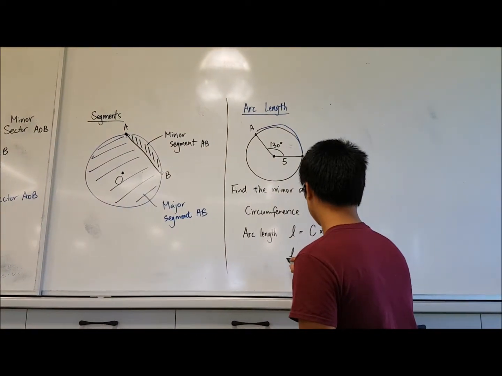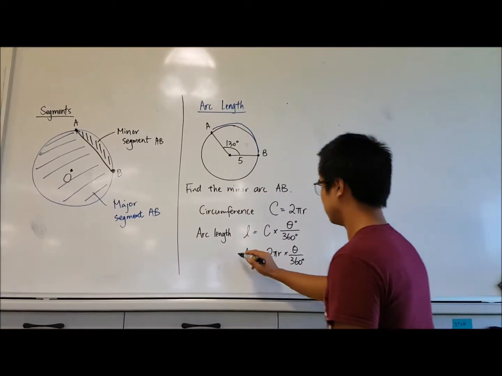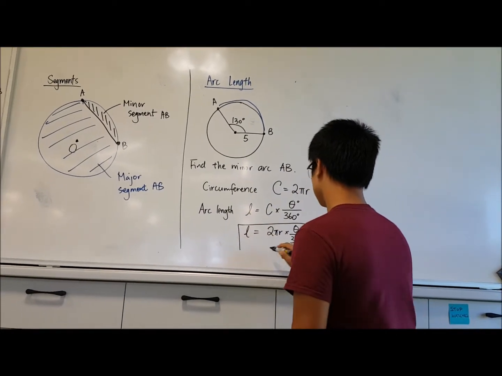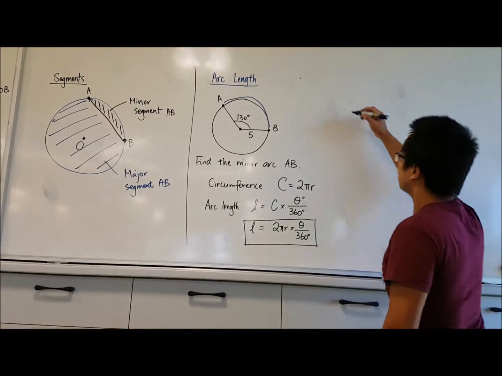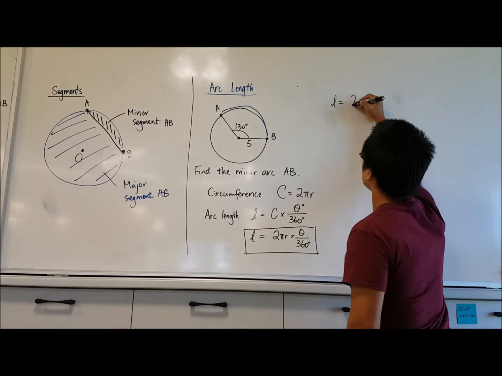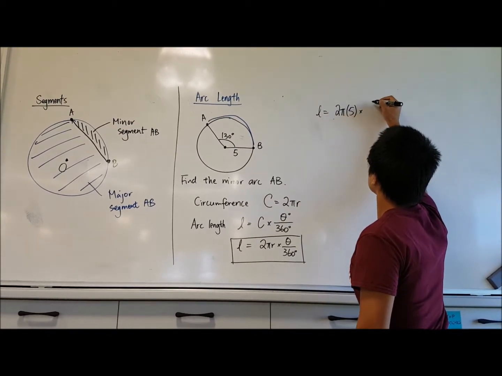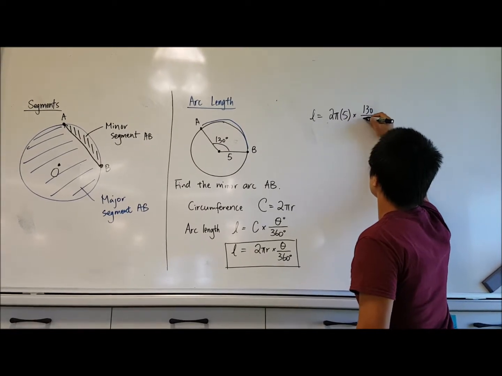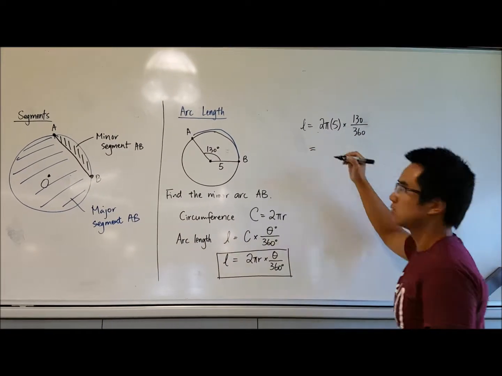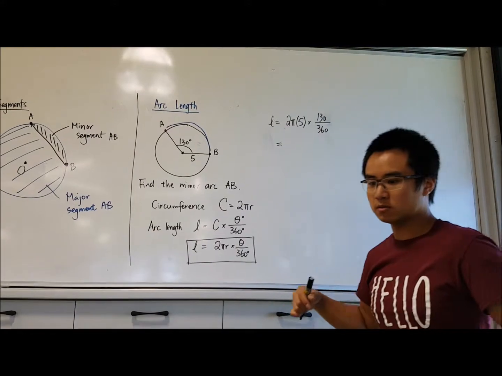Leave that up there as the formula. So the arc length of this is 2 times pi times 5 times 130 over 360. Work that out.